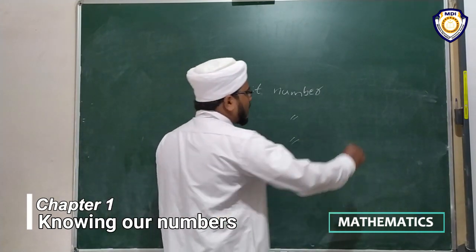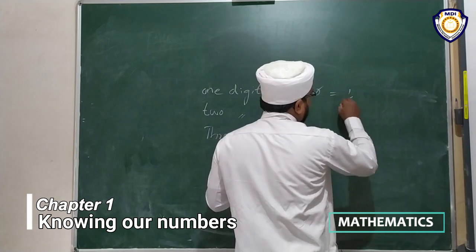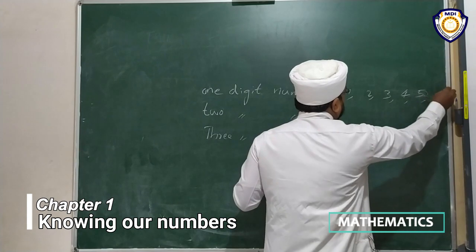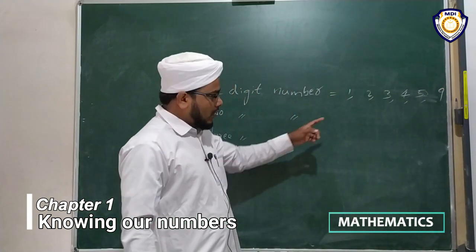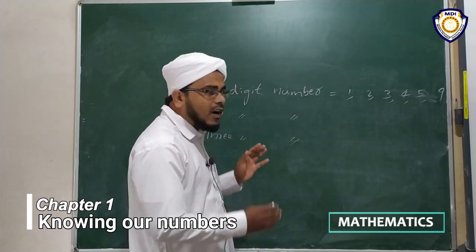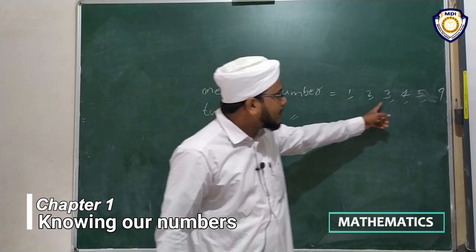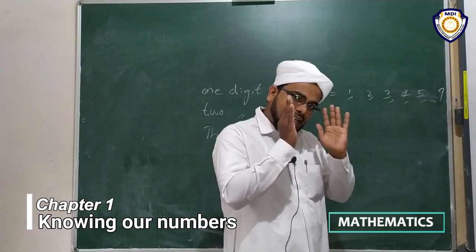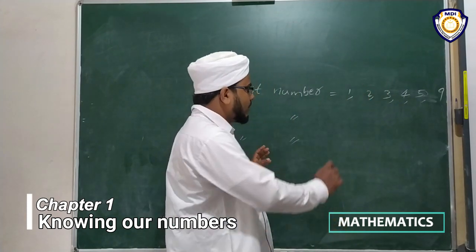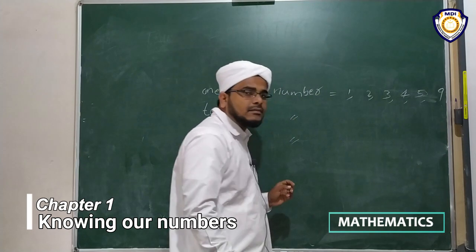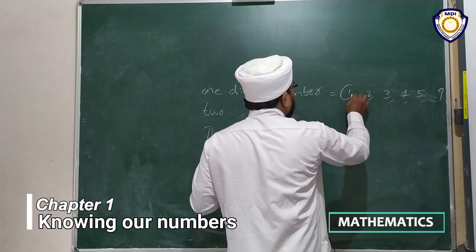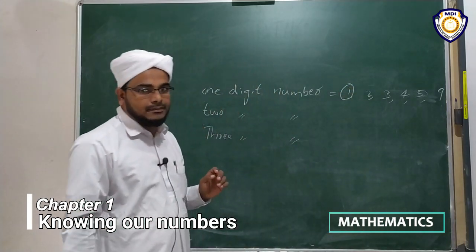Okay, let us see. 1, 2, 3, 4, 5, 9. Then which is the smallest 1-digit number? These numbers have only 1 digit. Here only 1 digit. Here 1 digit. Then which is the smallest 1-digit number? Sure. Which is 1. This is the smallest 1-digit number.